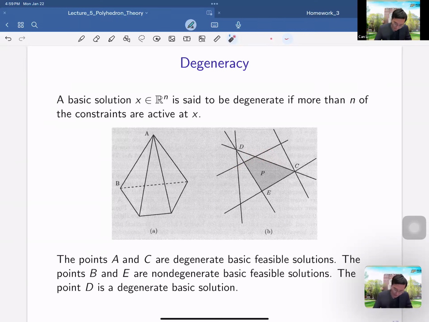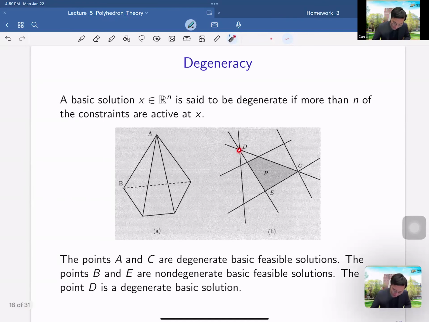On the other hand, if you look at this point D here, it is intersected by 3 equalities, right? But this problem is in 2D. So if the problem is in 2D, and at this given point 3 constraints are active, then we say this point D is a degenerate solution.